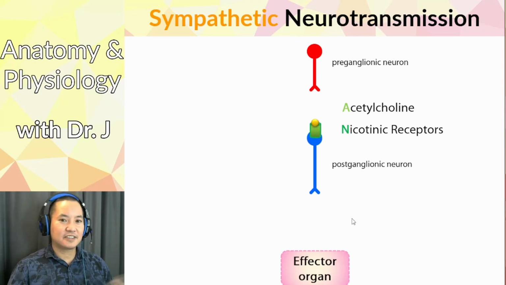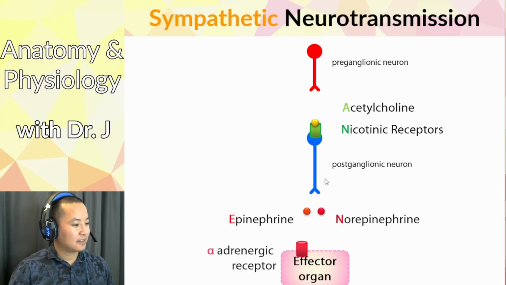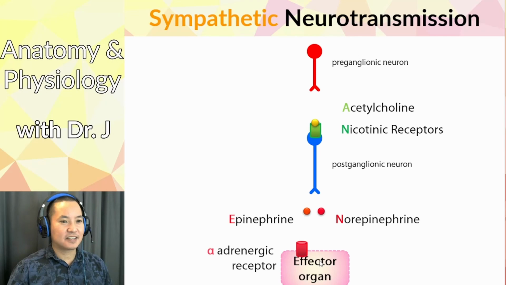The cellular change in the postganglionic neuron is that it's going to release a neurotransmitter. It depends on the location. There are many neurotransmitters, but the main two are norepinephrine and epinephrine from the postganglionic neurons. There's not just one receptor found on target organs of sympathetic fibers.